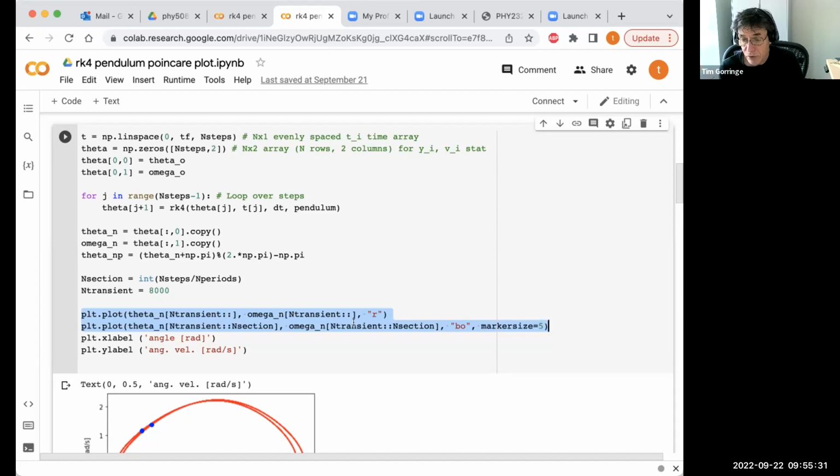So I use slicing of the full arrays of the time coordinates, the theta coordinates and the omega coordinates to make the phase space plots and the Poincare section plots, where I ignore transients and only get Poincare sections at the appropriate cycle rate.